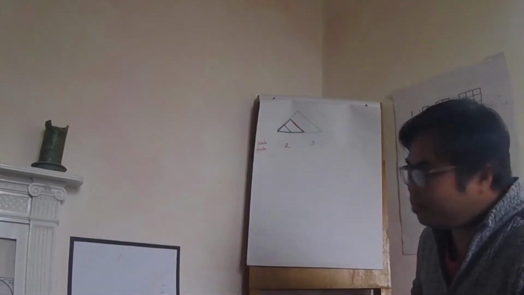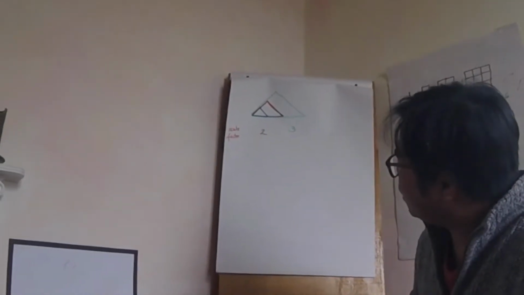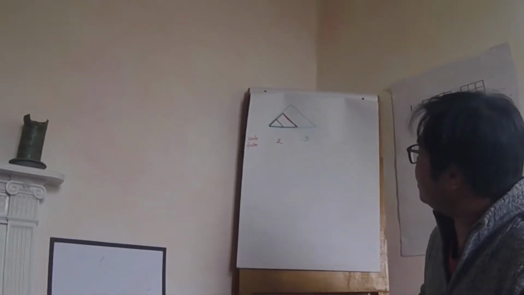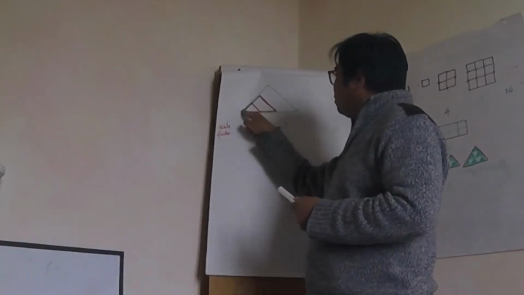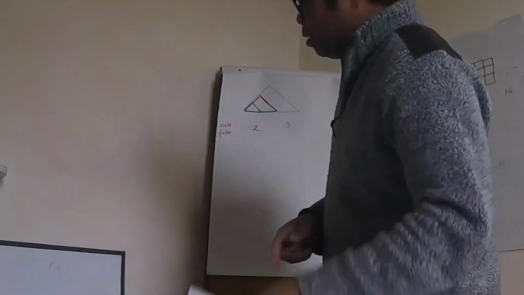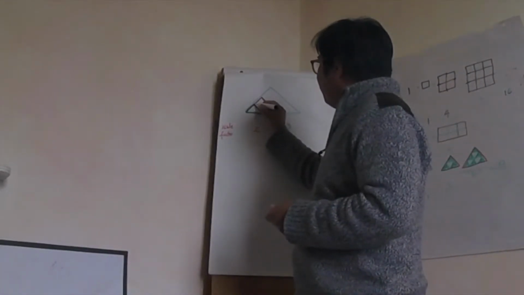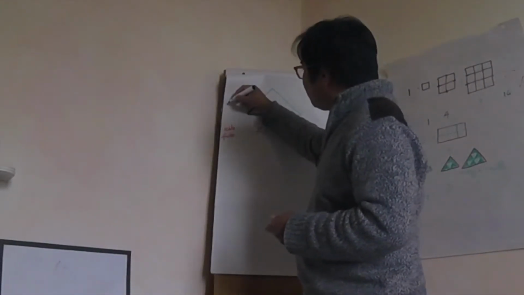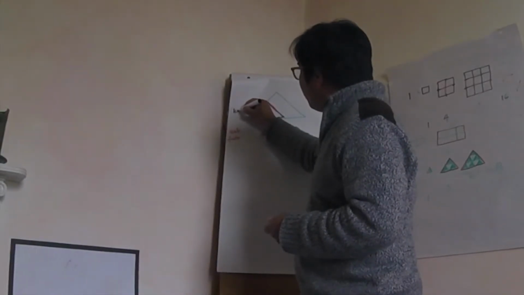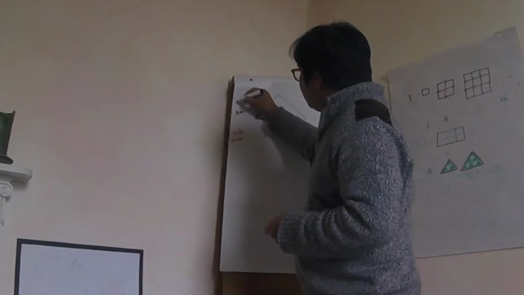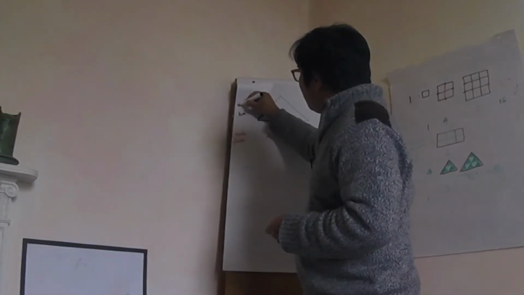Is this clear? Now we go to the next one. Now in the small triangle, if each side of the triangle is 1 centimeter, that's our unit of measurement.